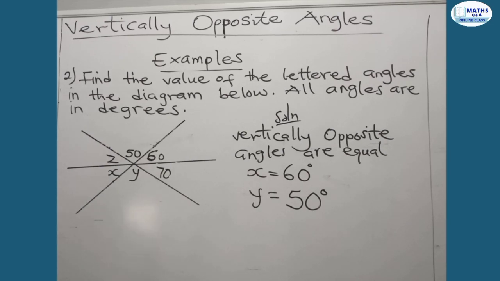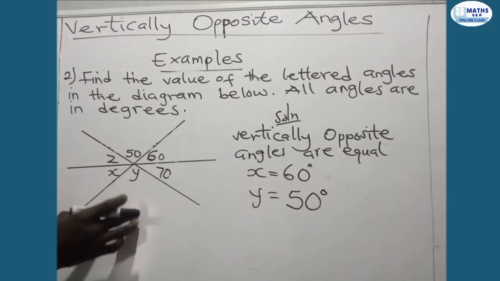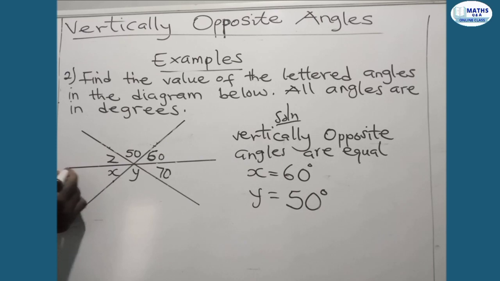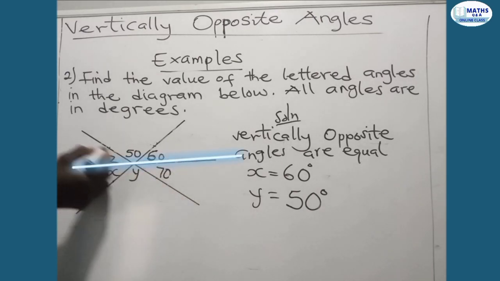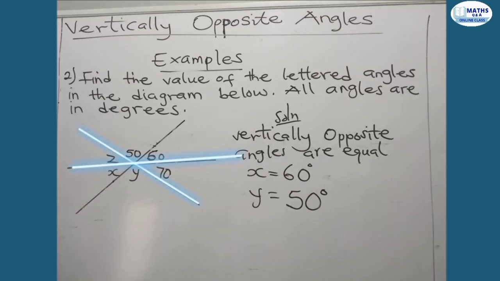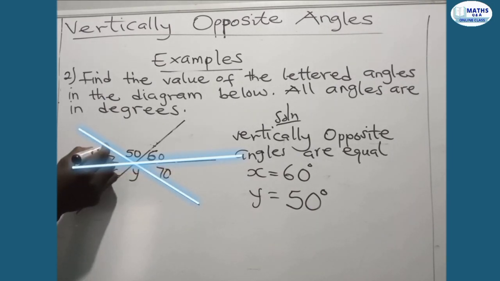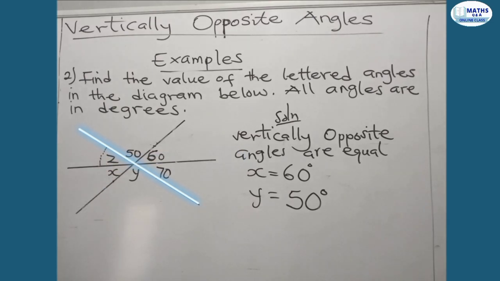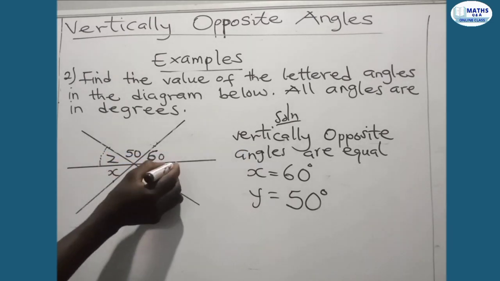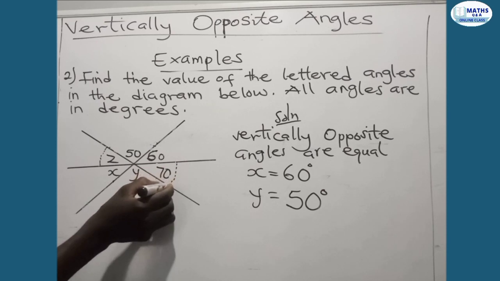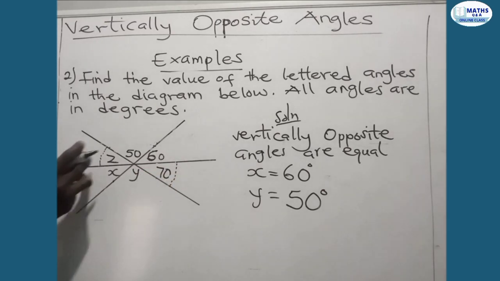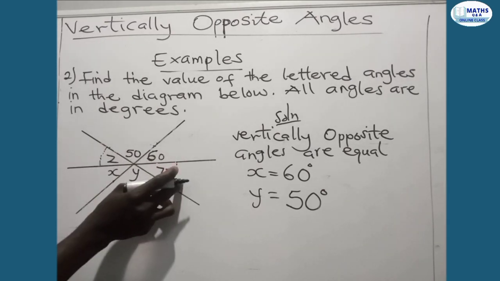Now to find Z, we are still on these straight lines. You see that this straight line meets this straight line, okay? Good. Now if this straight line meets this straight line, what will be the angle formed here? We have Z, right? And this one is directly opposite to which angle? 70 degrees. So this Z will be equal to what? 70 degrees.